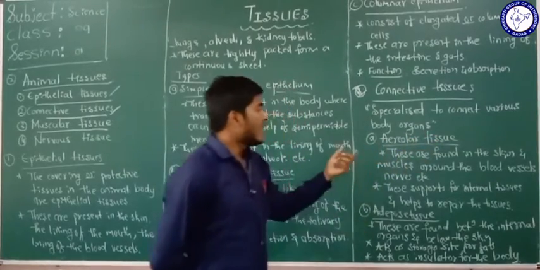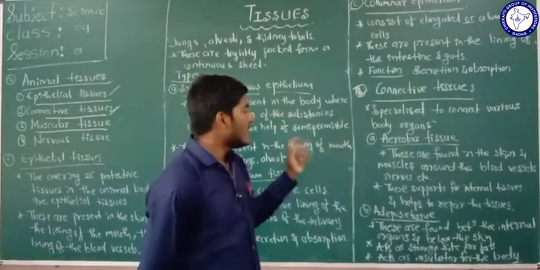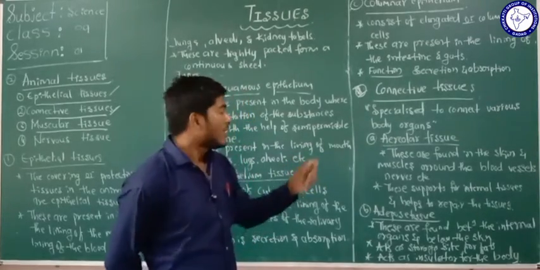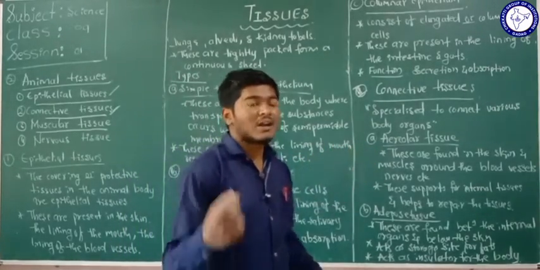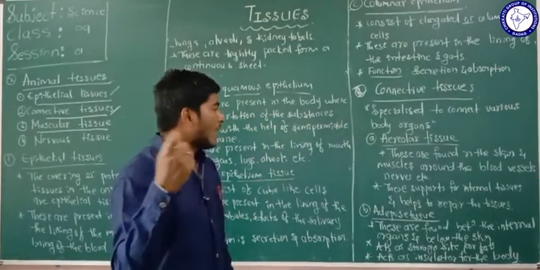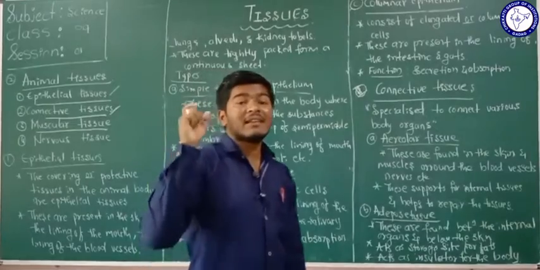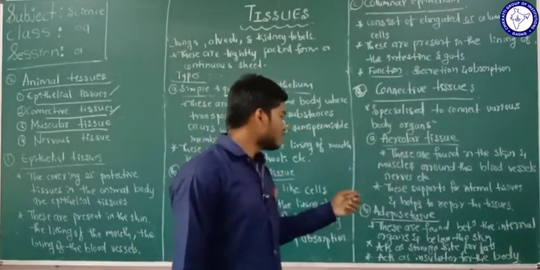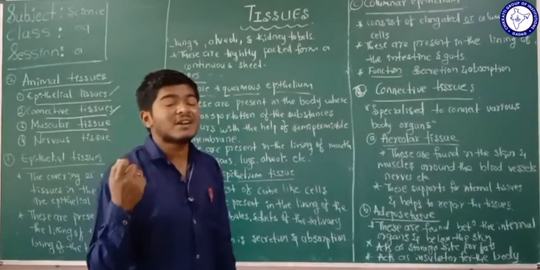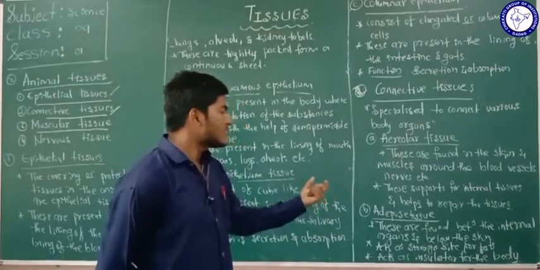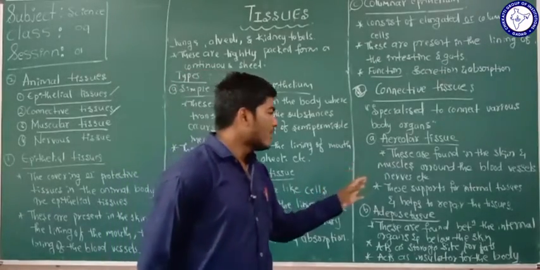These areolar tissues are found in the skin and in the muscles around the blood vessels and the nerves. What is the function of these areolar tissues? They support the internal tissues and help to repair the tissues.